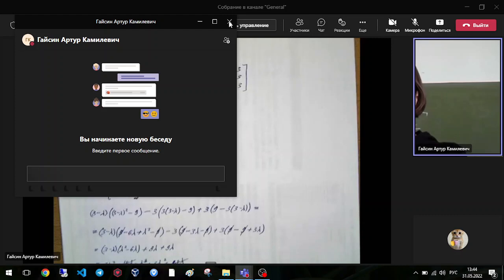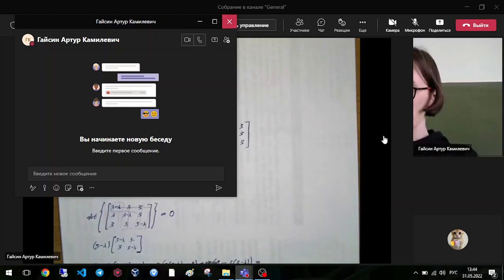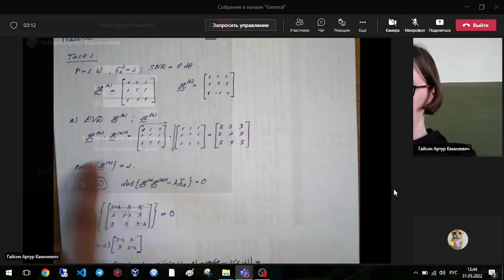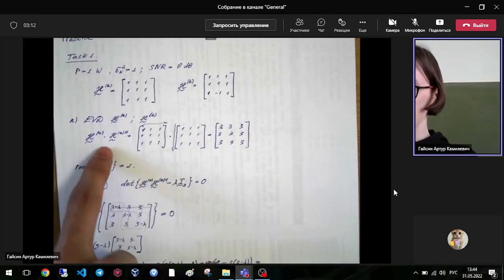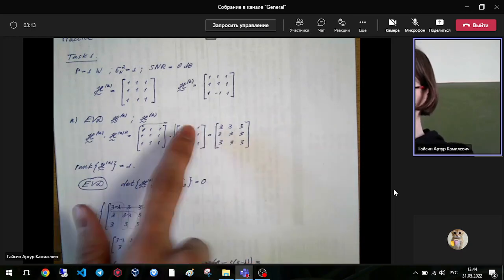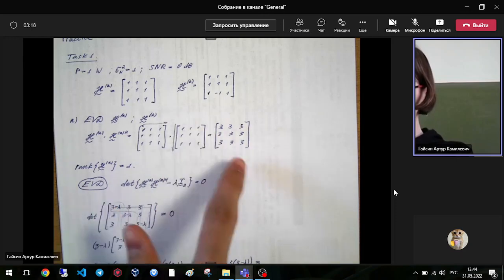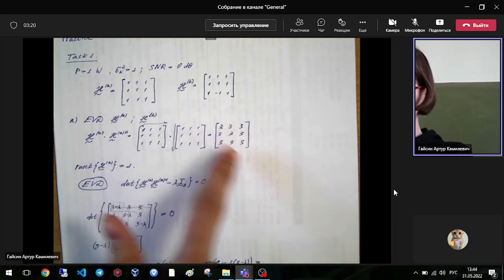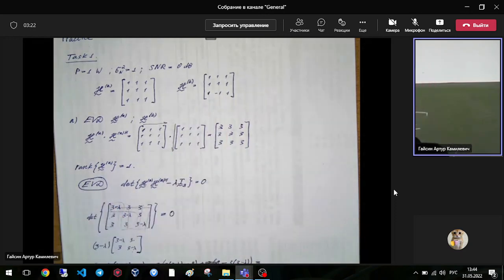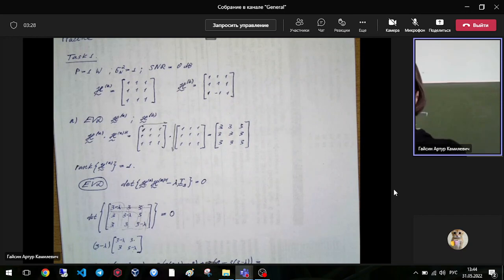And we can check it with the trace of channel A times channel A Hermitian. If we sum up all elements in the main diagonal, it is 3 plus 3 plus 3, which is also equal to 9. So we have the correct eigenvalue.